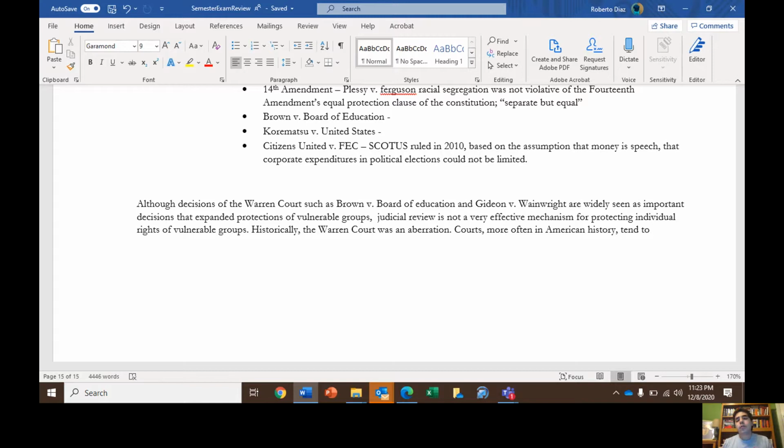Courts, more often in American history, tend to reinforce racial hierarchies or provide broad deference.